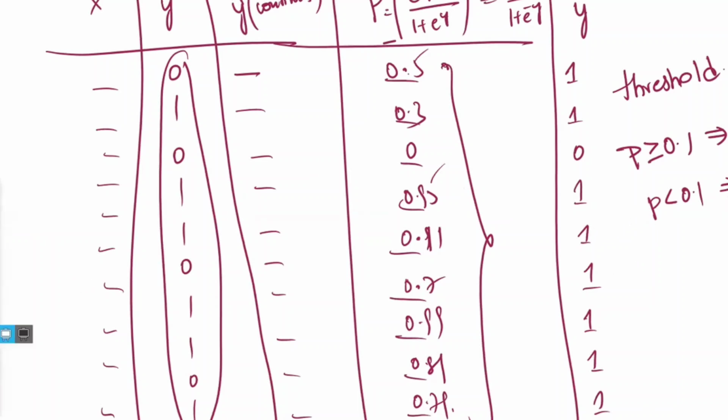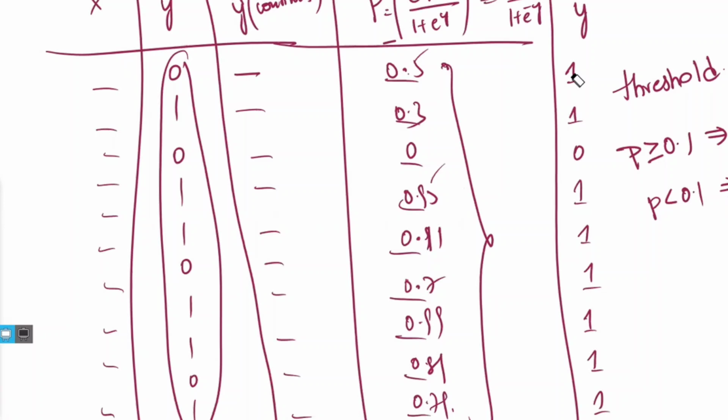So logistic regression works on the concept called probability. First, it predicts the output as a probability. This probability is later converted into a discrete variable. So logistic regression predicts the probability for the given data.